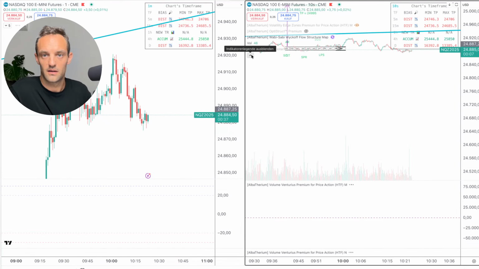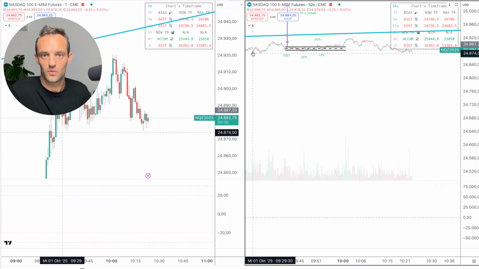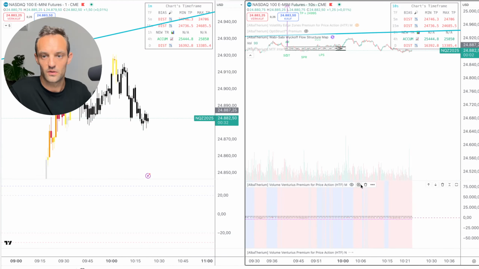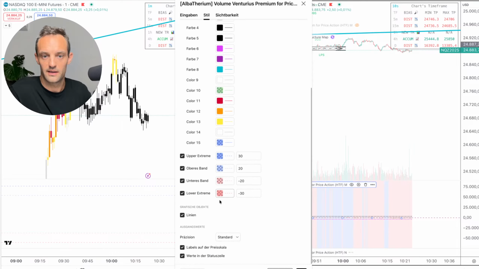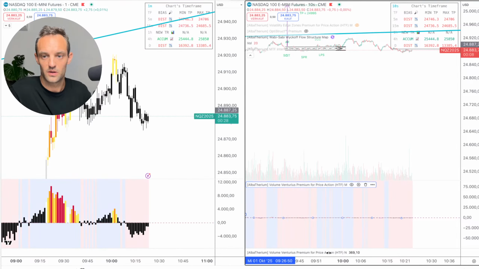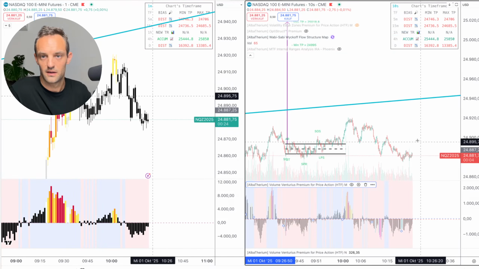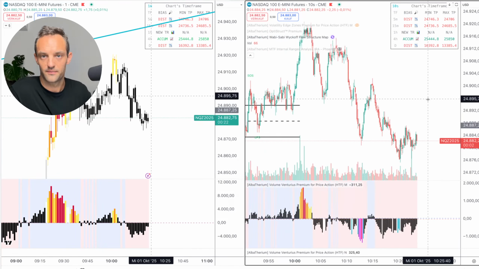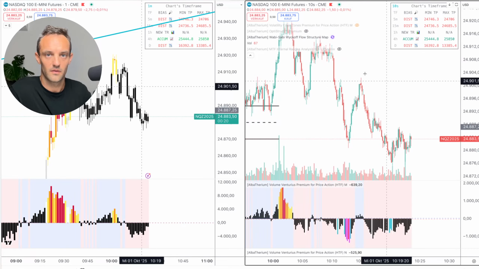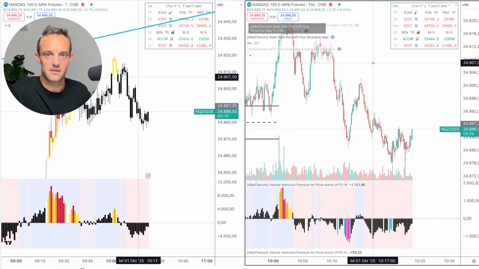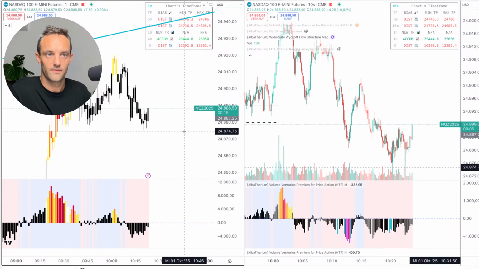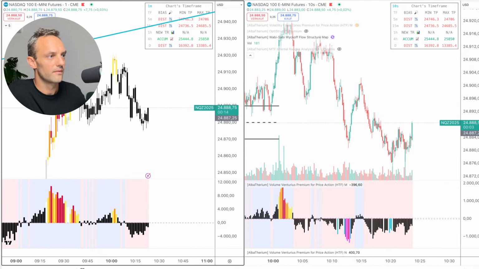OptiStruct out. We put just volume ventures without the lines, because then we know with auto scale, everything is properly scaled. There we are, 10 seconds on the right, 1 minute on the left.